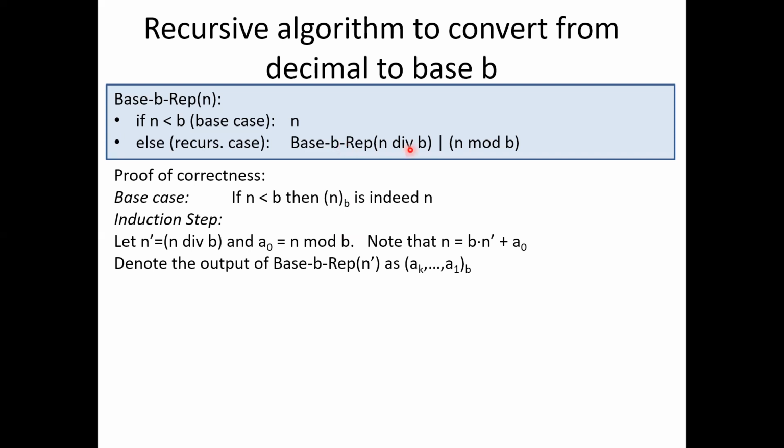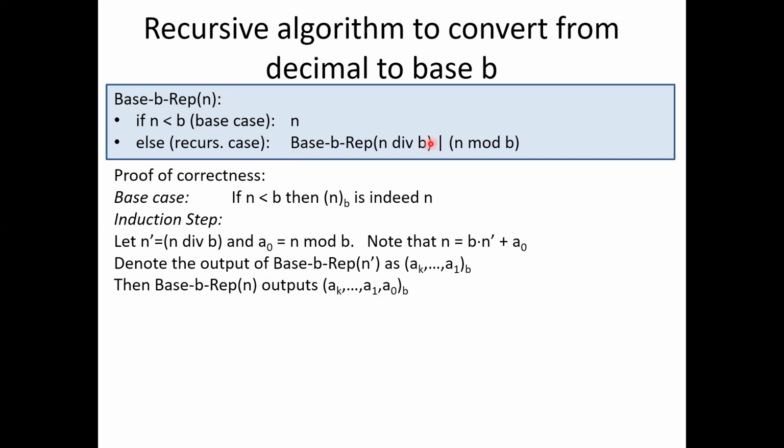So in that case, this means that n div b, that this base b recursive call returned, is the true representation base b of n prime, which was the argument called here in the recursive call. So let's say that this correctly computed representation of n prime was this. Now, what do you know about base b representation of anything? Before we get there, what is this final call that this guy will return?